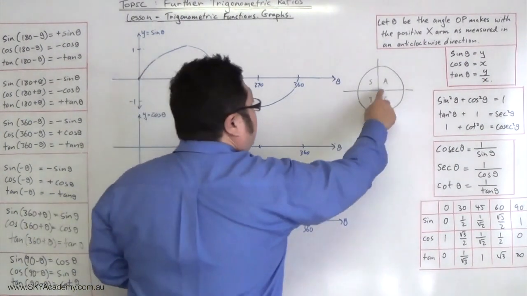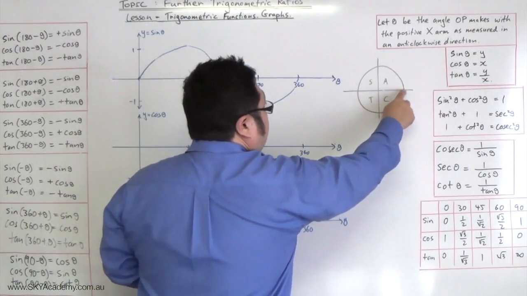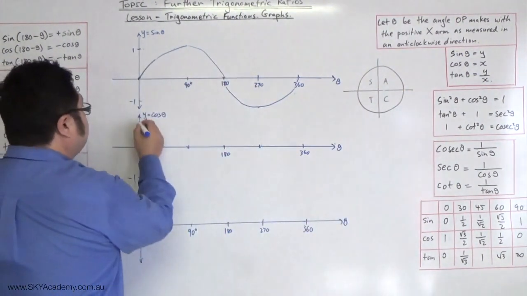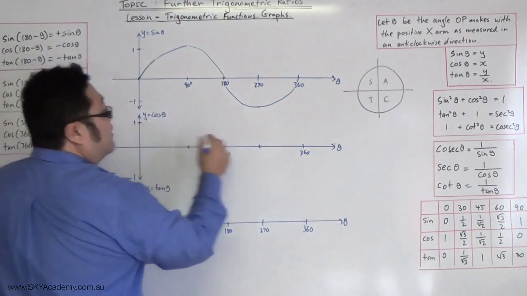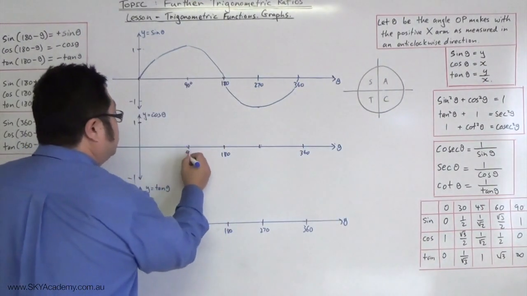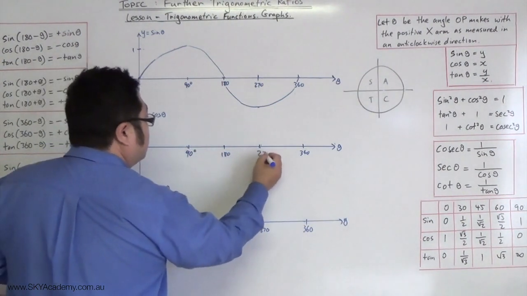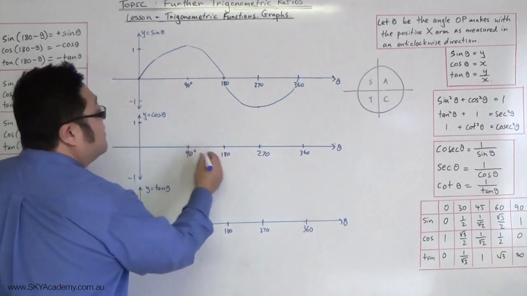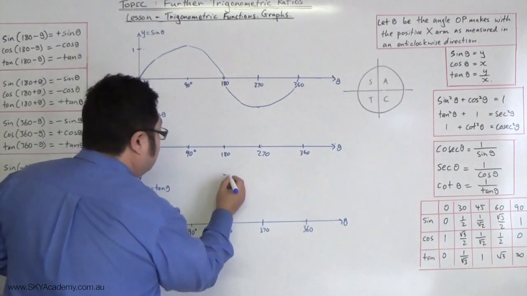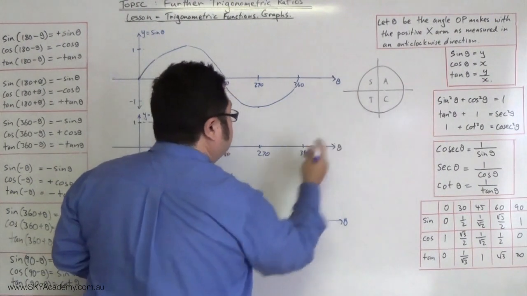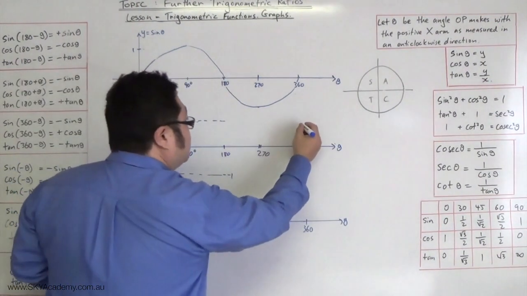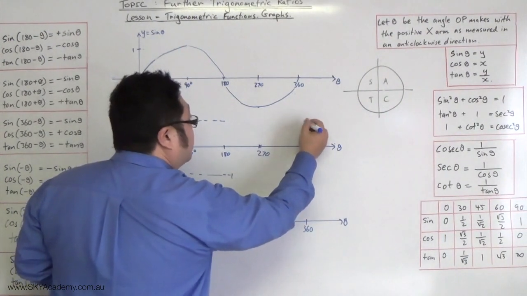So we start off with theta equaling 0, measuring 1 on our x. So it starts off at 1, goes to 0 here at 90 degrees, then goes to negative 1 here, and then goes back to 0 at 270, and up to 1 at 360 degrees.